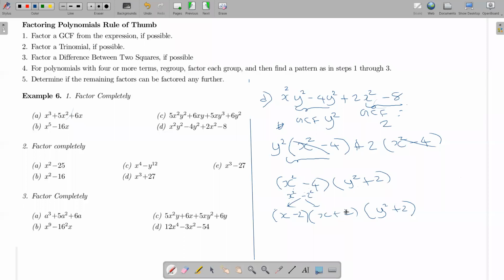So this one I get here. Then I stop here because I cannot factor further.